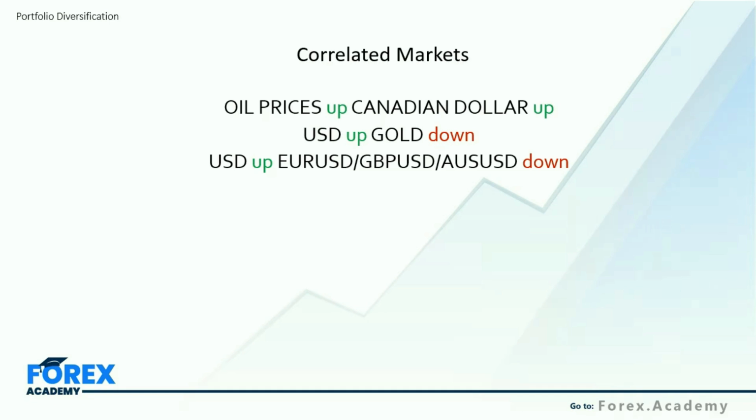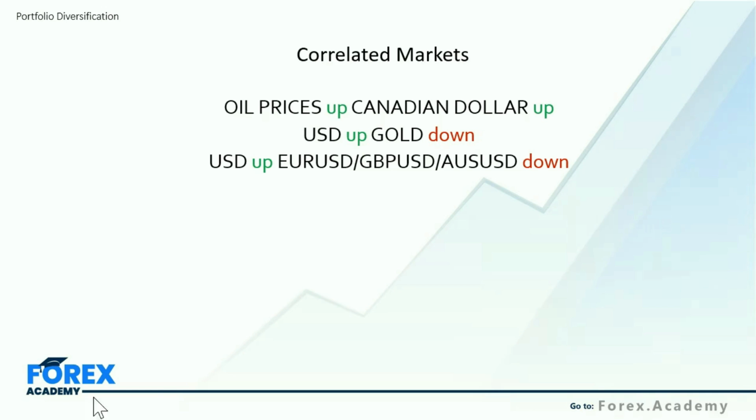And also with regards to trading markets like the euro dollar, the pound dollar and the Aussie dollar, what you often find is traders, especially when they're new and inexperienced, can trade these markets unwittingly. They can be looking to buy the euro dollar, the pound dollar and the Aussie dollar, not necessarily knowing that if the dollar strengthens, then all of those three markets are very likely to move to the downside, because they're all correlated with each other.